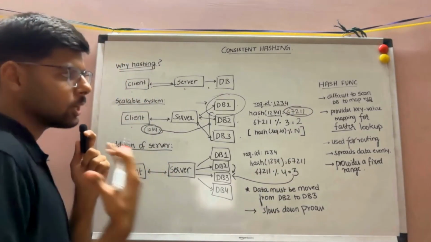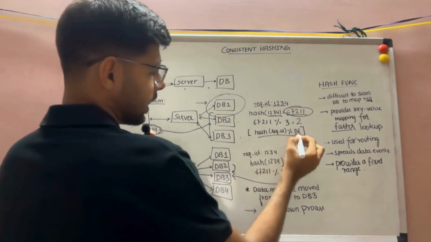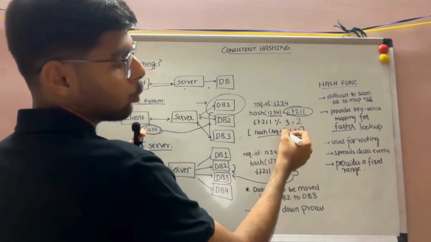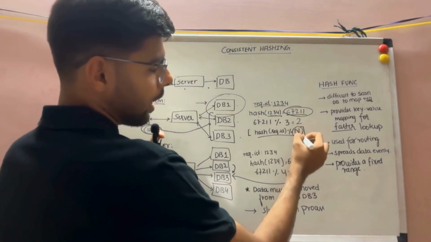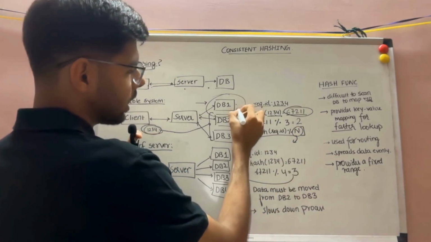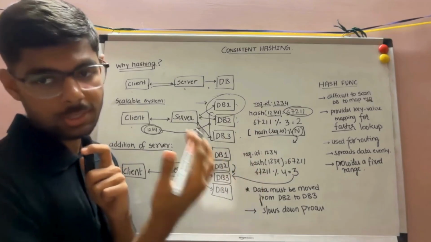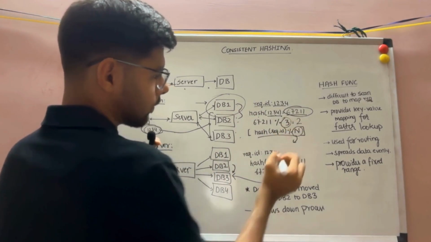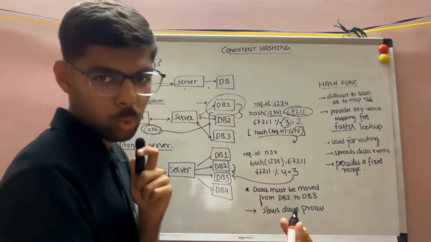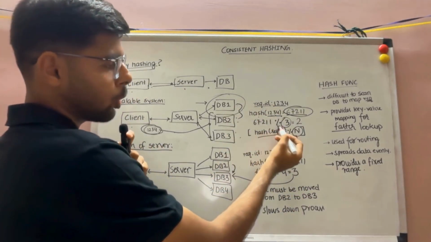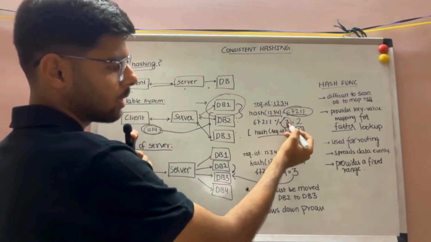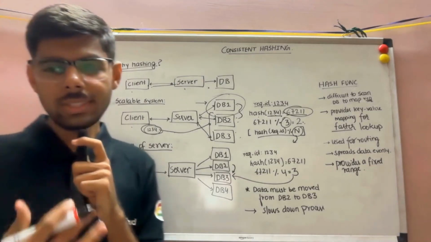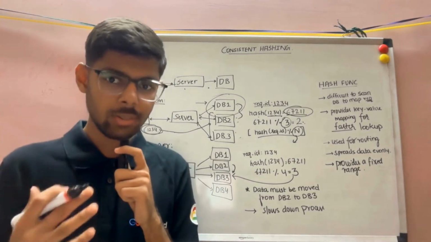So now what we can do is use this formula, which is hash of request ID, and we do modulo of n, and here n is nothing but the number of servers or databases. So here it is 3. So what we basically do is we take modulo of 67211 with the n value, and we get 2 as the output. Now this is used for routing the requests.